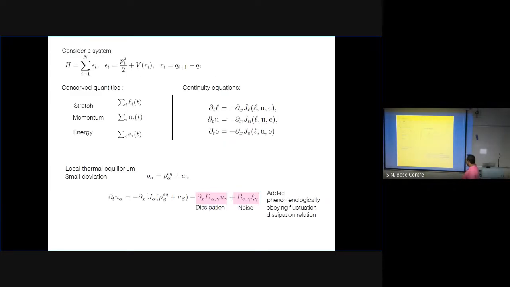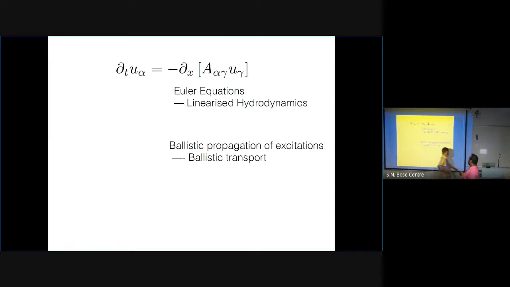Okay. So the next step in nonequilibrium fluctuating hydrodynamics is that these expressions of the currents are a bit complicated. So the simplest thing you can do is expand this in the leading order, which is linear order, and without the dissipation and noise terms, you get these Euler equations.